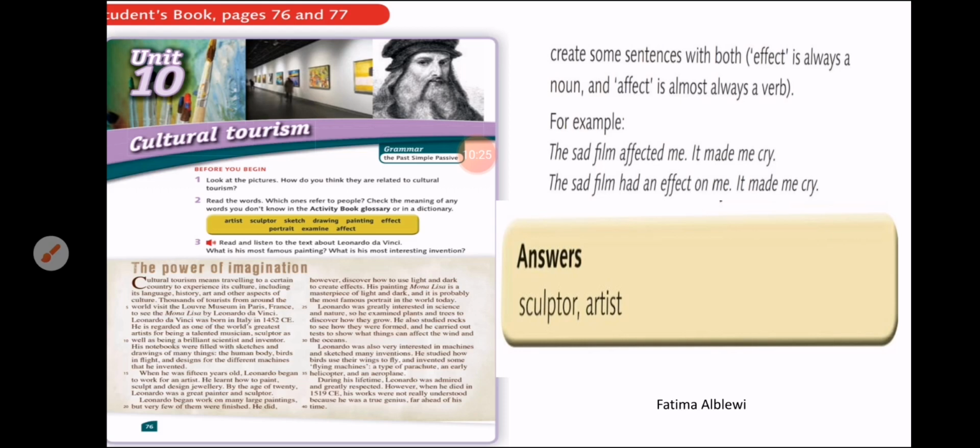So now he discovered how to use light and dark, الإضاءة والظلام, to create effects. His painting Mona Lisa is a masterpiece of light and dark, and it refers to the Mona Lisa, the most famous portrait in the world today.